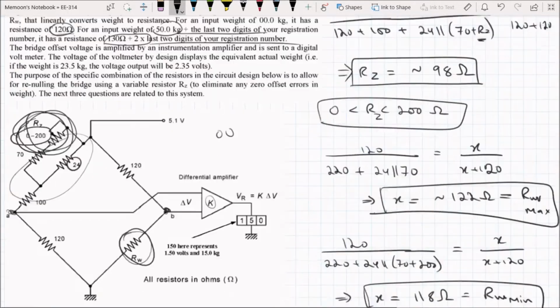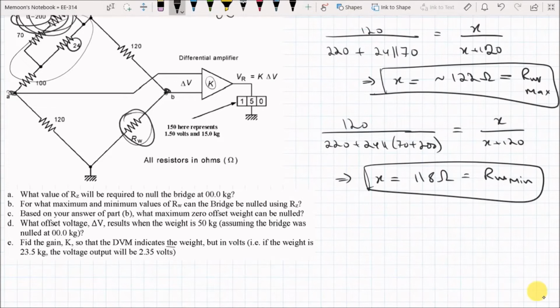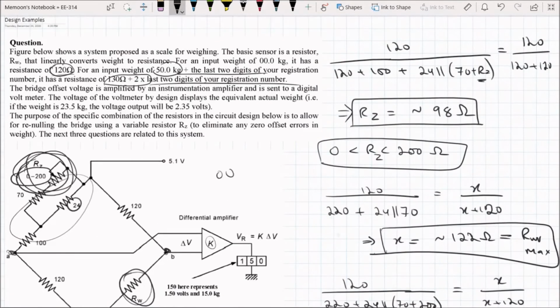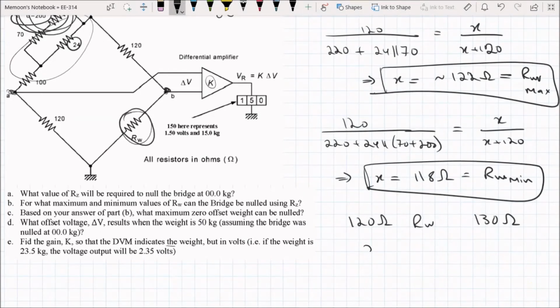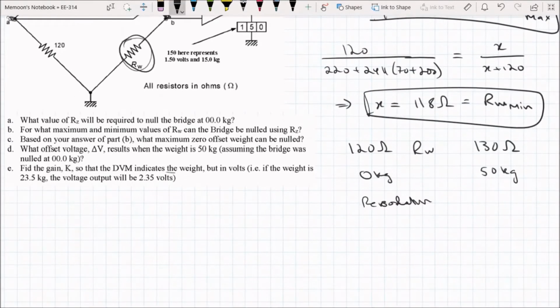So this means that your Rw will change from 120 ohms to 130 ohms for a weight of 0 kg to a weight of 50 kg. And this gives us a slope of 10 ohms per 50 kgs.